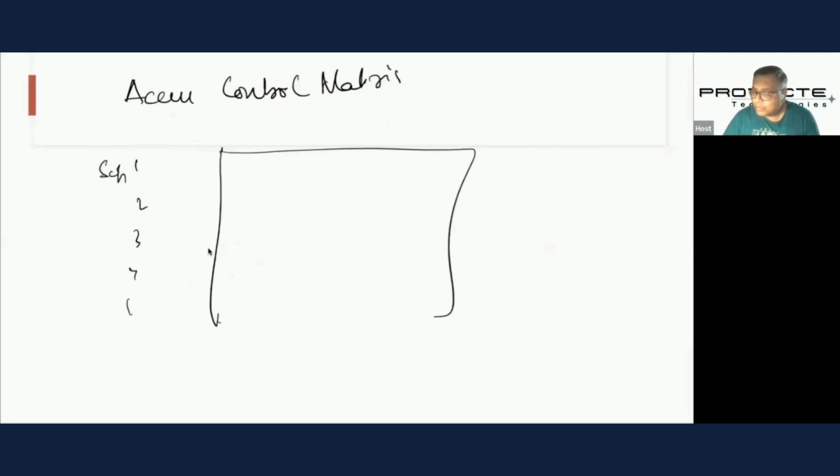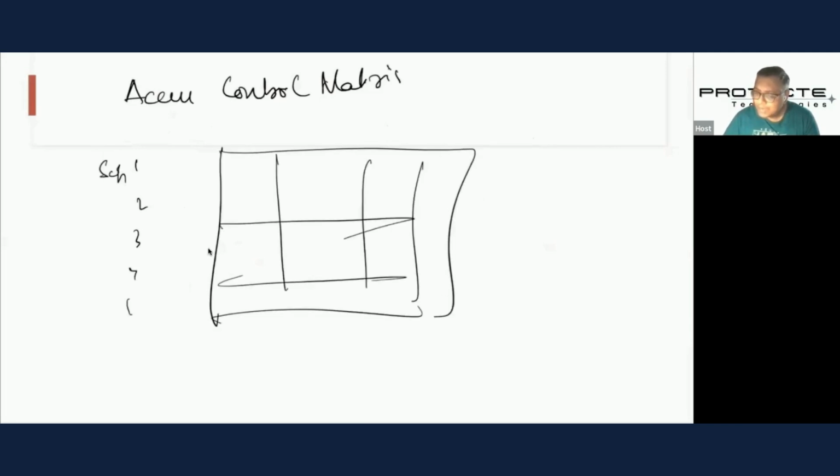Then the next model is called the access control matrix. You have a lot of subjects 1, 2, 3, 4, 5, 6, and you have a lot of objects. And you have the rights: read rights, write rights. So you basically create a model.